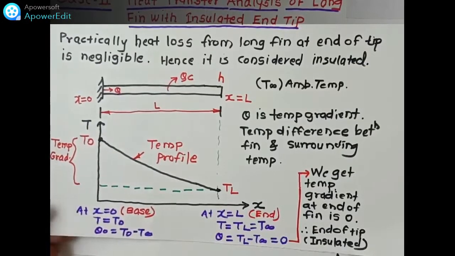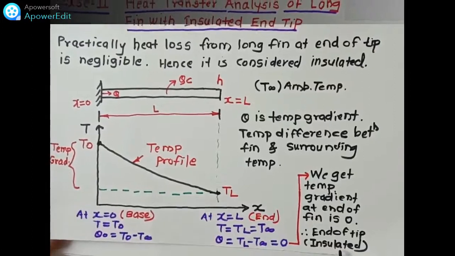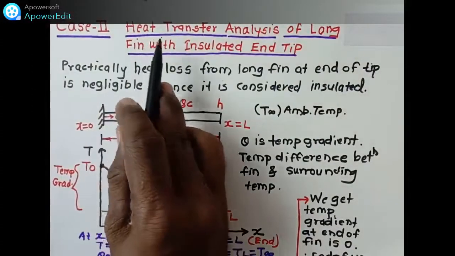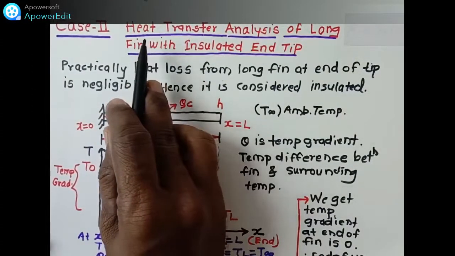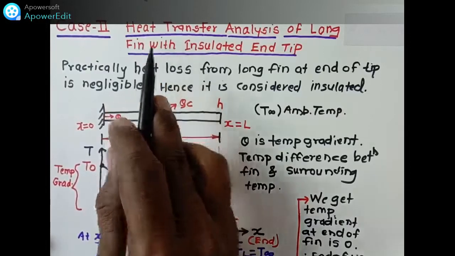Now we will see the further part of the equation. So this derivation will have two parts. Part A will be temperature distribution. That will be obtained by using boundary conditions.